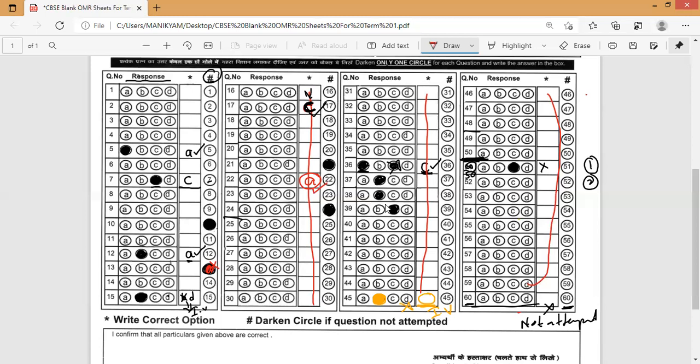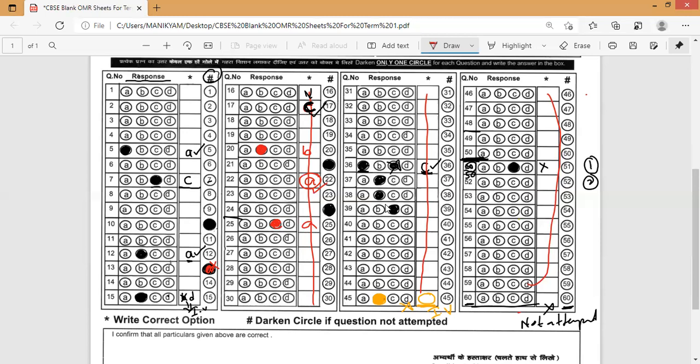A better first thing is to try to bubble both places. That is also a beautiful way. Suppose option B is correct, then bubble option B and write option B here. If you have bubbled option C but you feel option A is correct, then write option A. Again, don't bubble option A. But the main point overall I am telling you: whatever you bubble is not a matter.